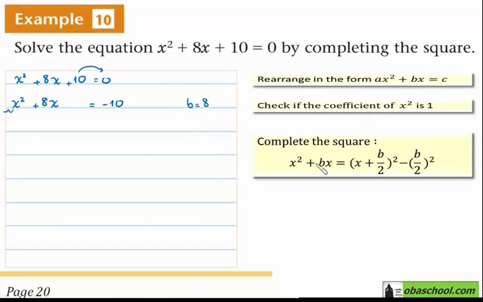According to the formula, x squared plus bx equals x plus b divided by 2, all raised to the power 2, minus b divided by 2, all raised to the power 2. Since b equals 8, the equation will be (x plus 4) raised to the power 2 minus 4 squared equals minus 10.